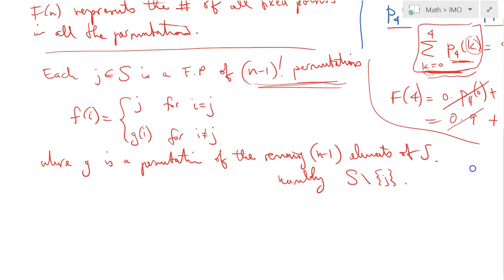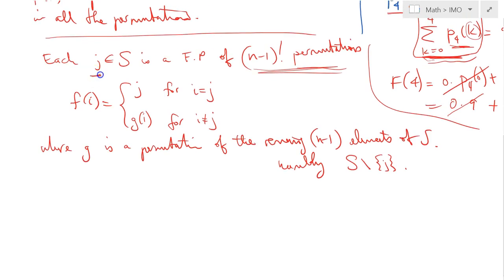But then, once we say that, because each j satisfies this property, there are n different ways we can select j. Once you have selected j, there are n minus 1 elements remaining, so n minus 1 factorial permutations.